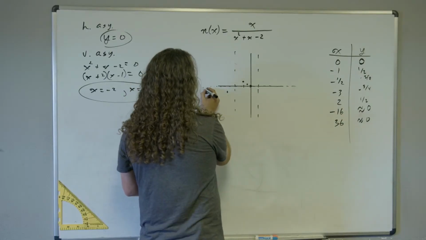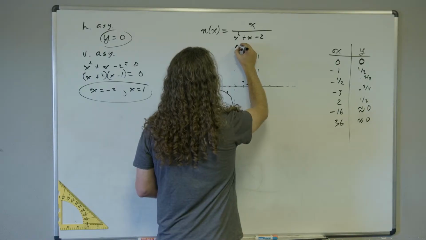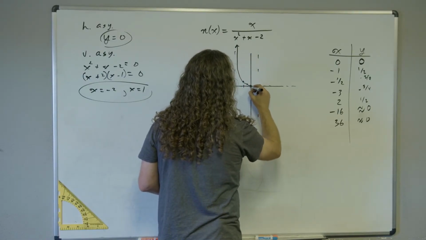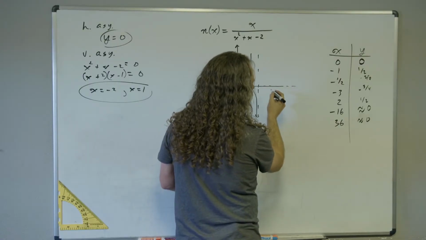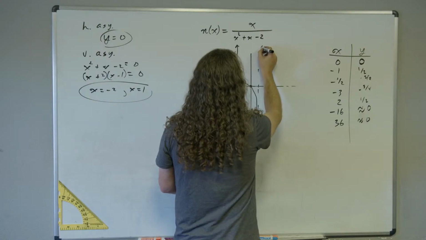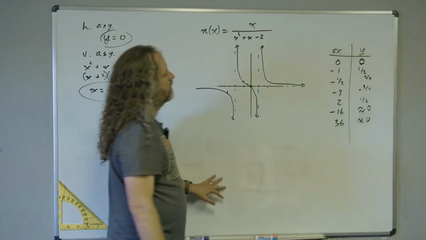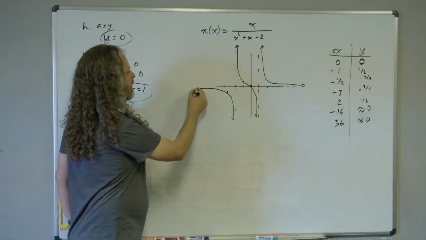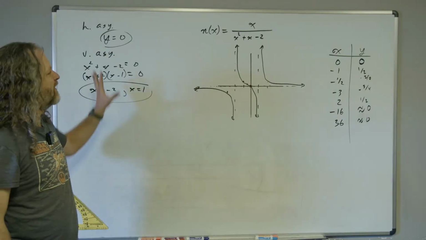Negative 16. So it's going like this. And then it goes like this. We only did 2 1/2, but that's fine. Goes like this. Yeah, that's what the calculator said. And you understand why it says that, right?